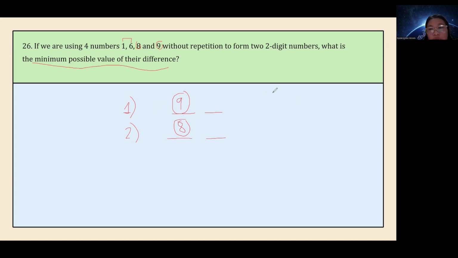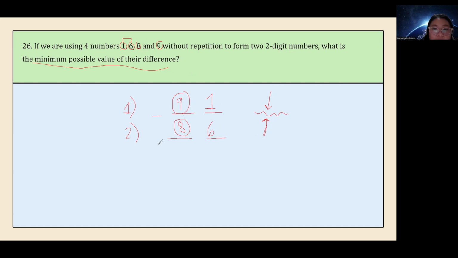To do that, imagine we lower the higher number and we increase the second number so that they are very, very close in gap. So, to lower the higher number, we will put a lower digit on the ones place. So, this should be 91. And then to make the second number go higher in value, we put here 6.